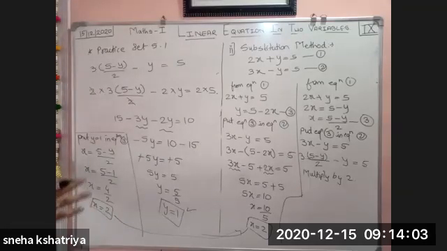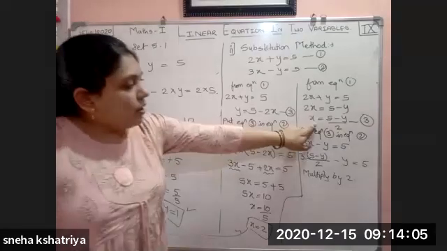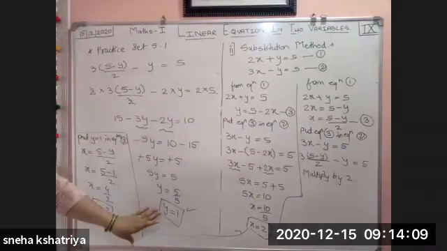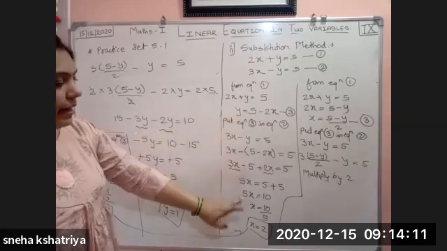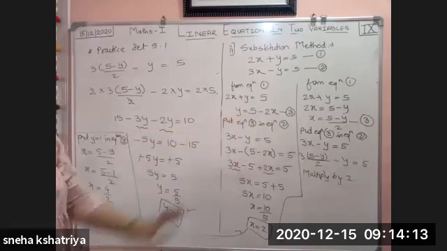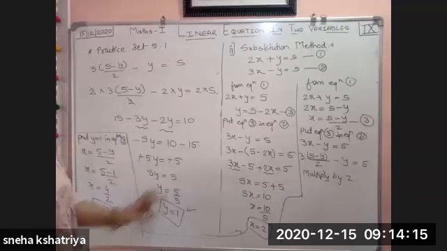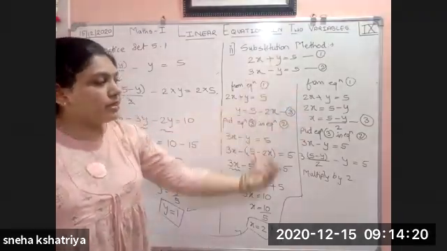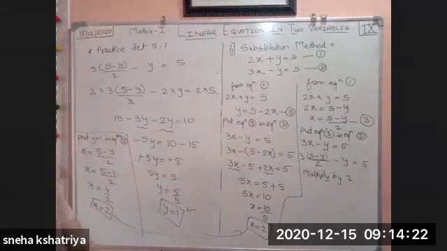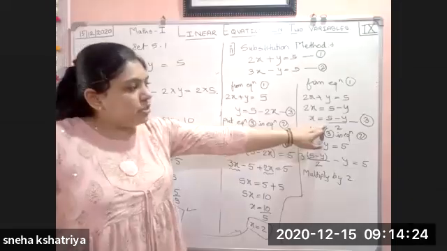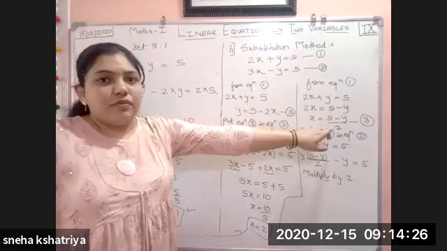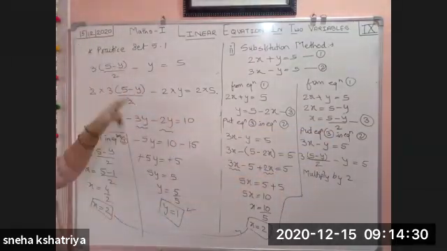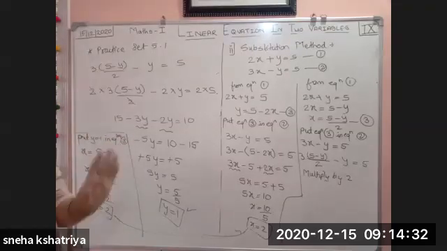But see here, because of using divide by 2, such a long procedure is there. But if I take directly, only this much is the answer. So I have shown you, if we put the value of y and if we put the value of x from the same example, what is the difference? It will take a lengthy procedure because of the division; to solve the division, you have to multiply by that number, and then you get the answer.